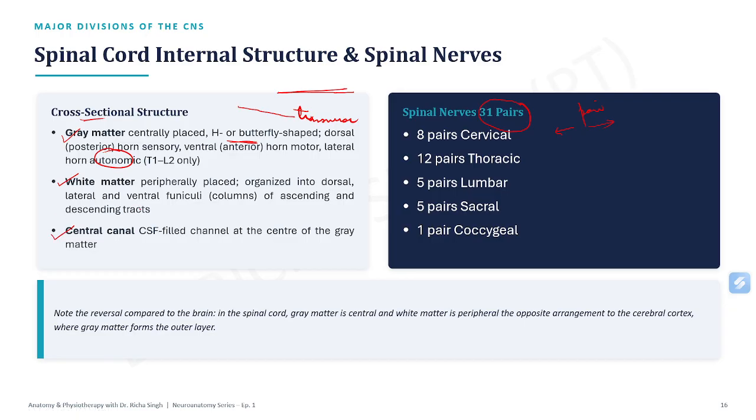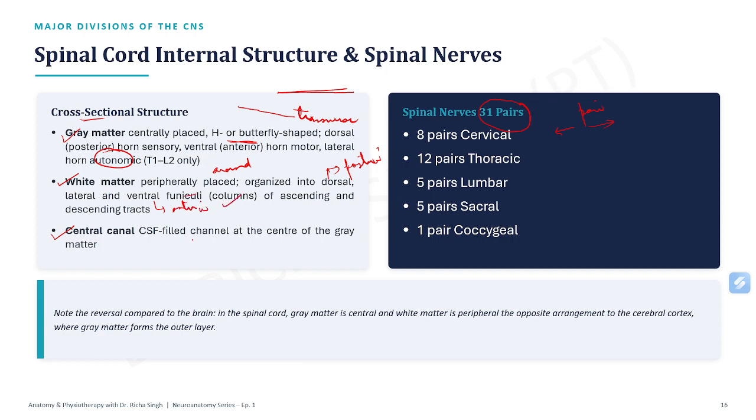Next is the white matter, which is placed peripherally, that is around the gray matter, and it is organized into columns or bundles of nerve fibers: dorsal, the literal meaning of dorsal is posterior, lateral, and ventral, that is anterior funiculi.